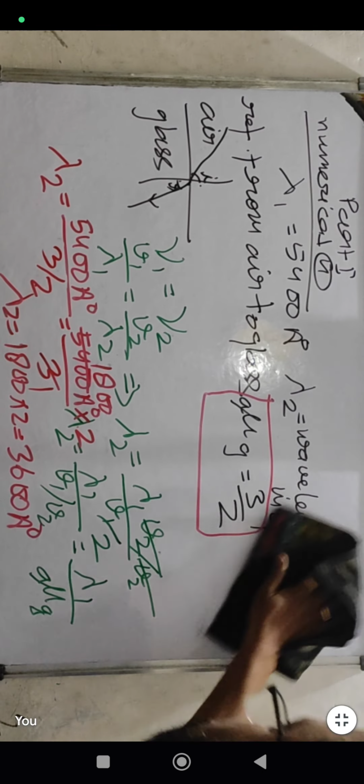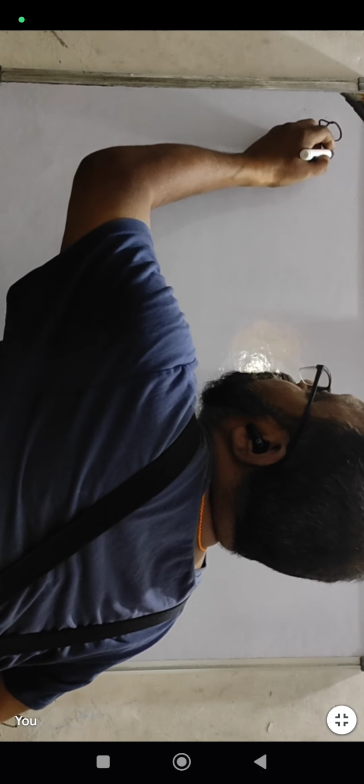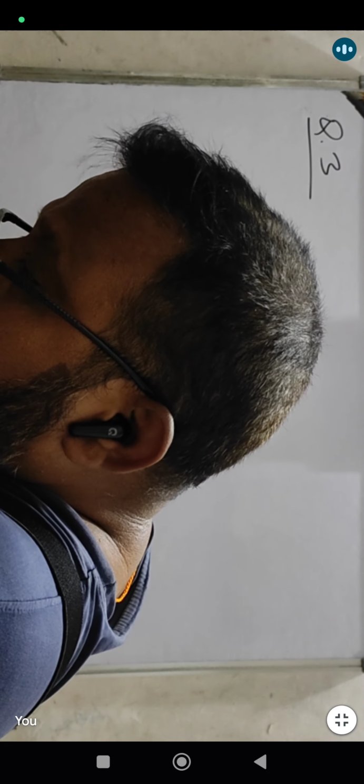Okay. Question number 3, part 1, is like that. The question is: the refractive index of water with respect to air is 4 by 3.